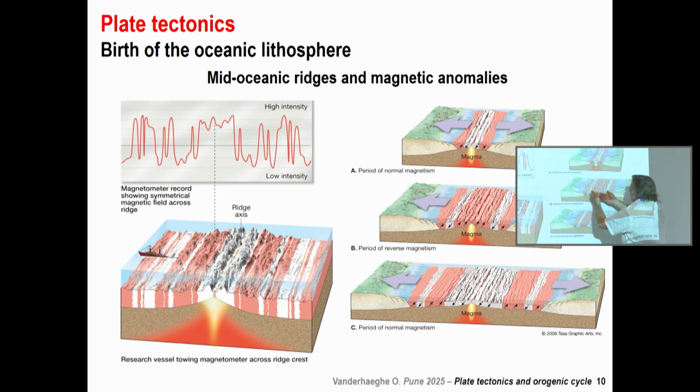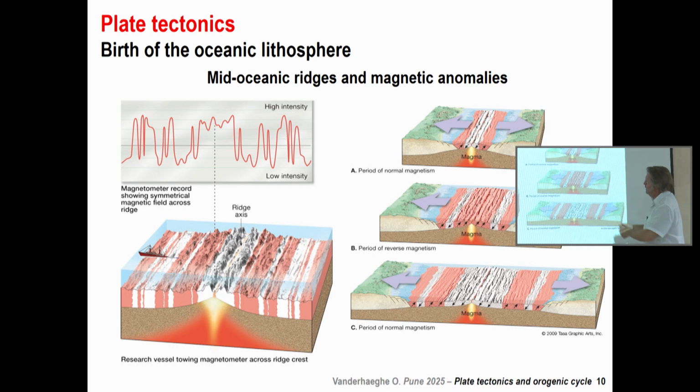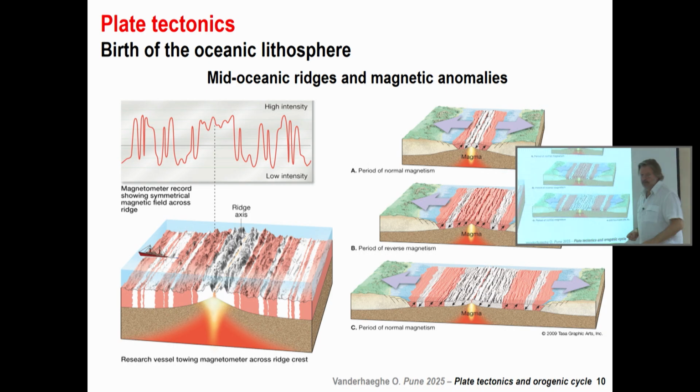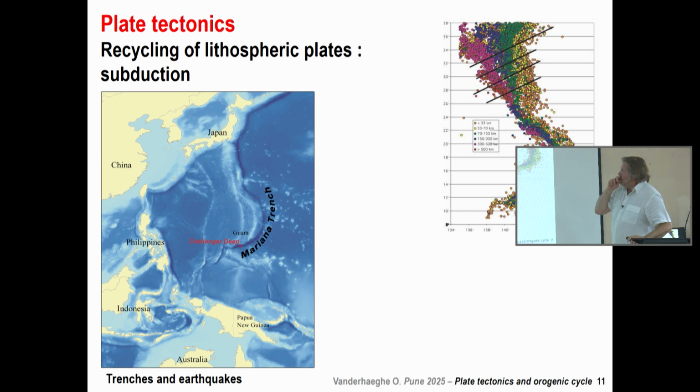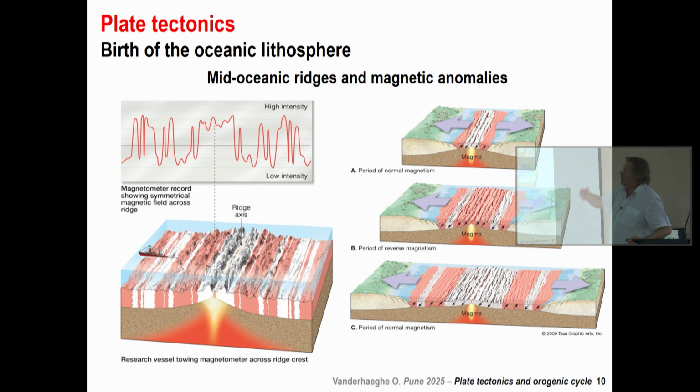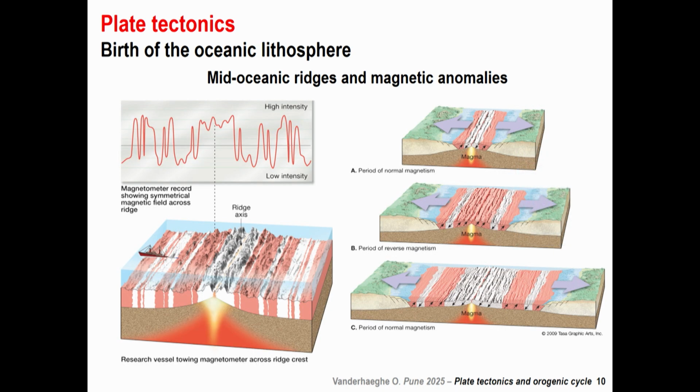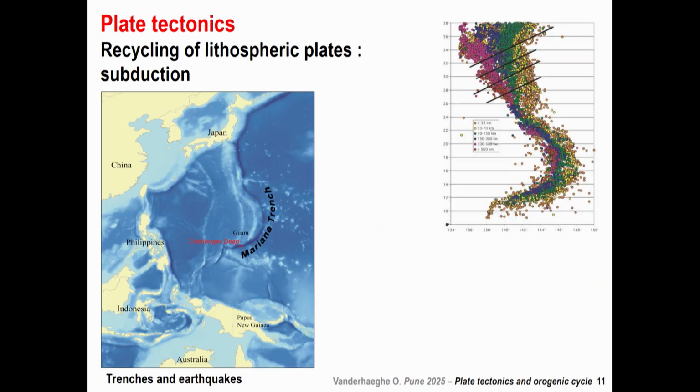Then another event of magma extraction occurs, but in between there has been a reversal of the Earth's magnetic field, and so on. So this was for the birth of the oceanic lithosphere and crust.